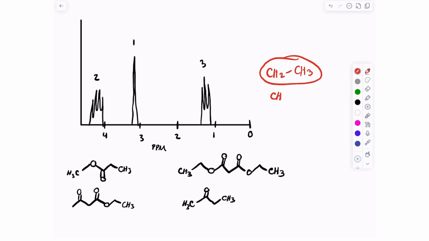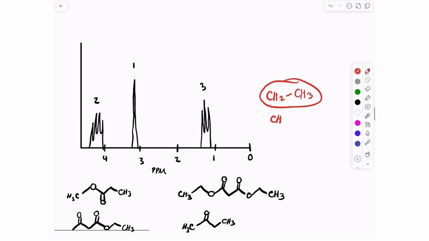So already we know that it has to have an ethyl in it, but we also know that since there's no CH in any of these problems, this is likely relative, which means that it's fully symmetrical.